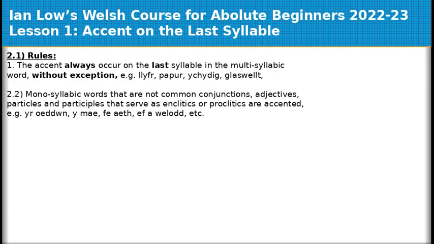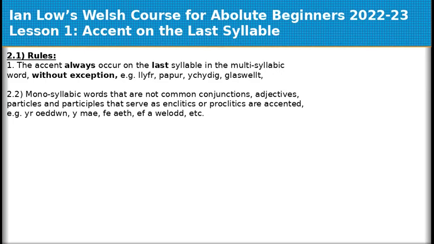And these are when they are common conjunctions, adjectives, particles, and participles that serve as enclitics or proclitics to adjacent words. Therefore, what is meant by an enclitic or proclitic? Well, these are non-accented auxiliary words that precede an important word, and a proclitic is an auxiliary word that follows an important word that are non-accented.